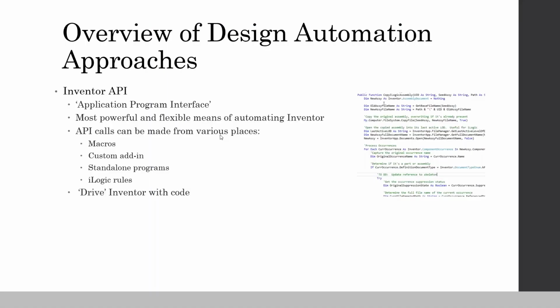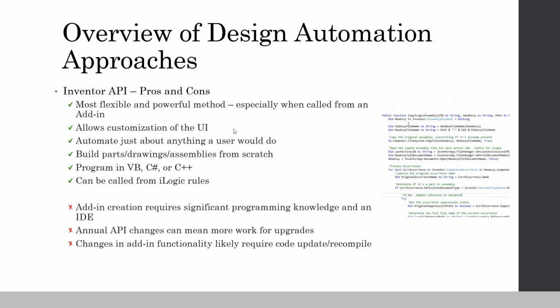Right. So the Inventor API, it's very powerful, but the biggest downside of that is you've got to know how to code. You've got to have some sort of development environment where you can code in it. You've got to compile to a DLL that you can then reference with Inventor.